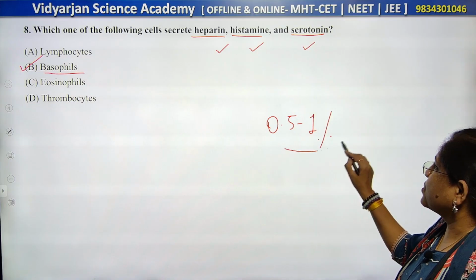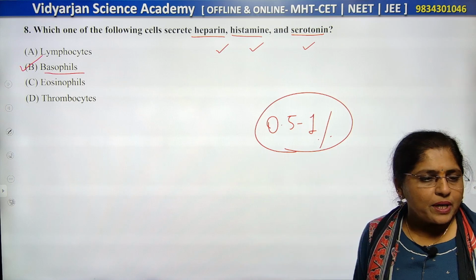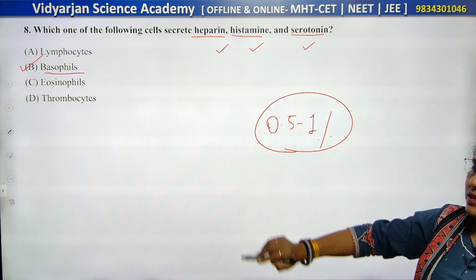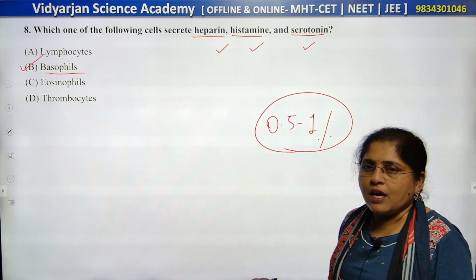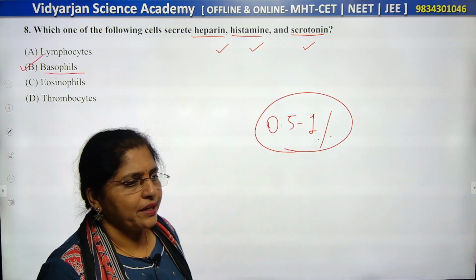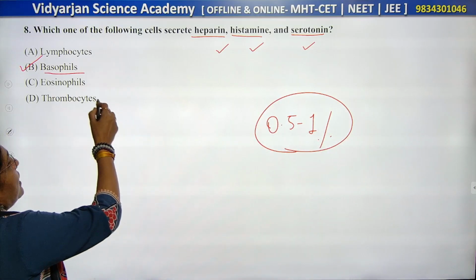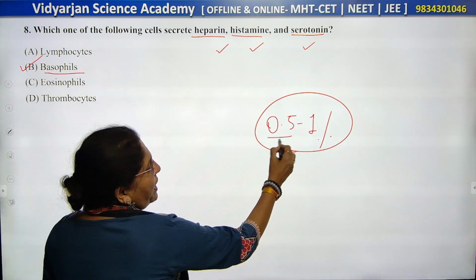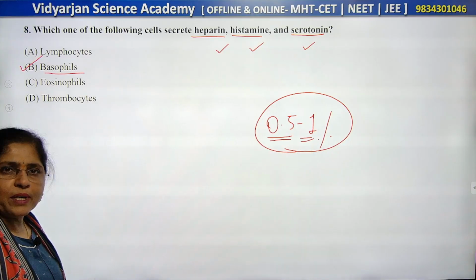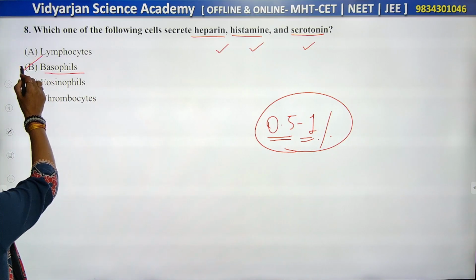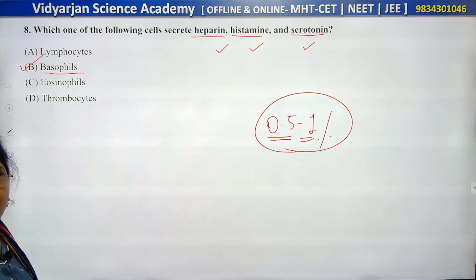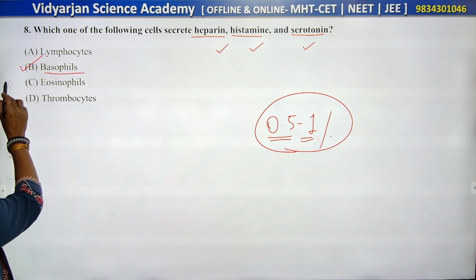So students, besides these functions, you should remember the concentration of basophils in the blood: 0.5 to 1%. Note down, your answer here is basophil.